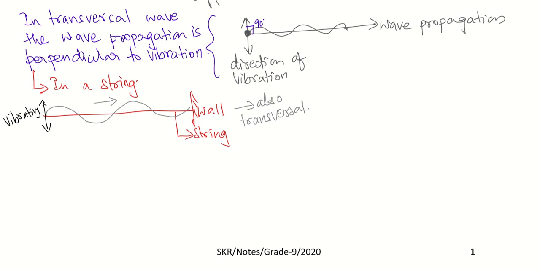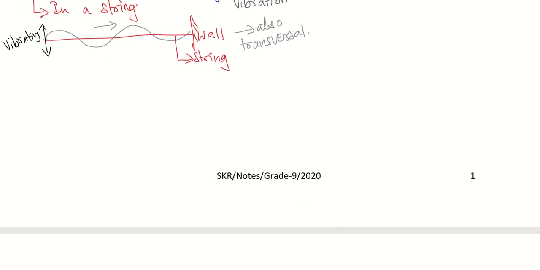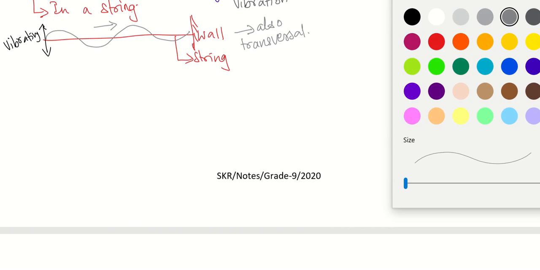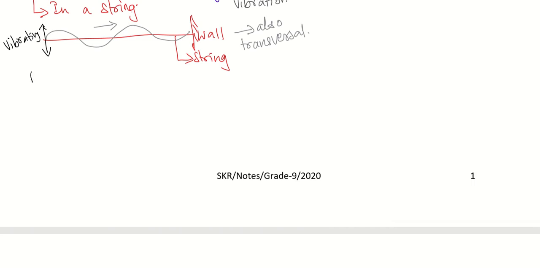Now let us come to another example which is very important for us, and that is about light. The question is: is light transversal in nature? What do we know about light?